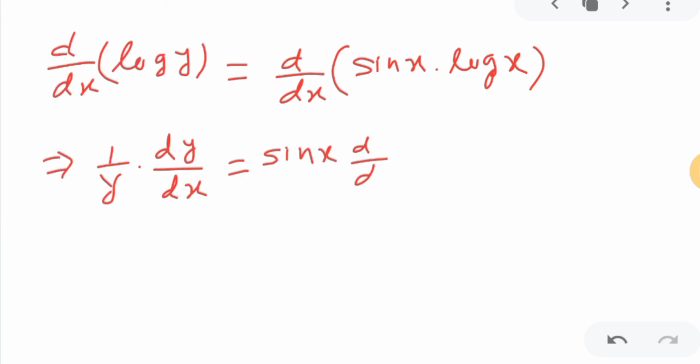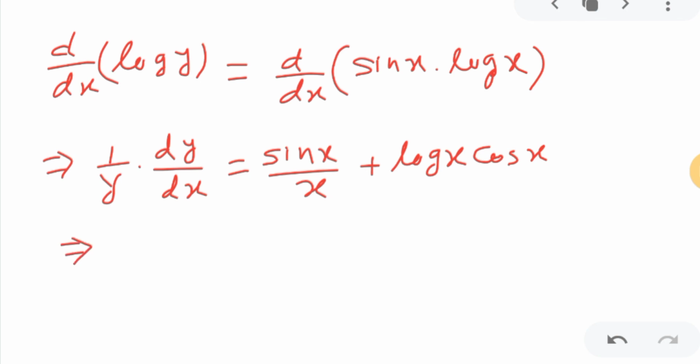The derivative of log x is 1 upon x, so sin x upon x, plus log x as it is, times the derivative of sin x, which is cos x.